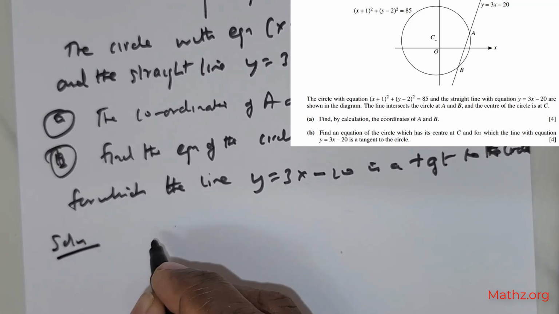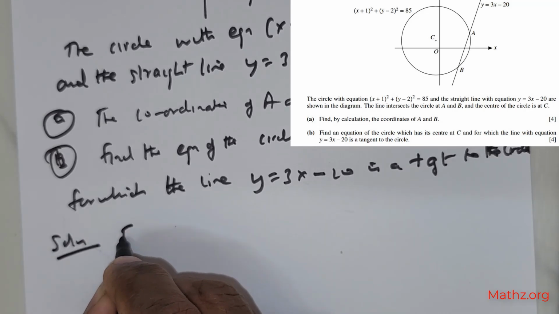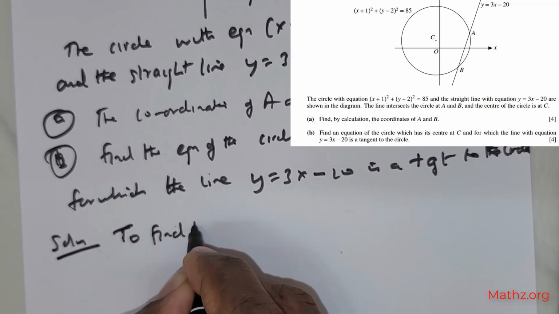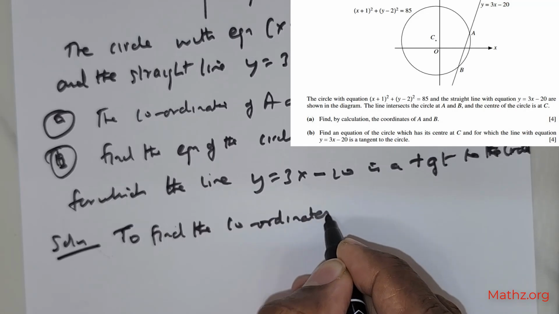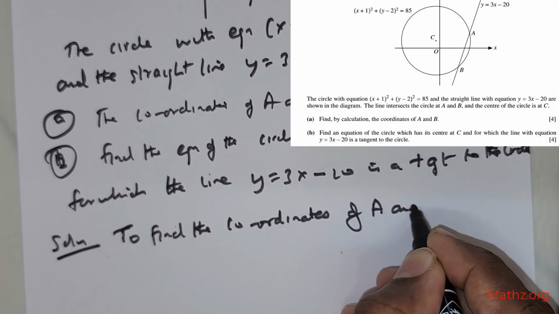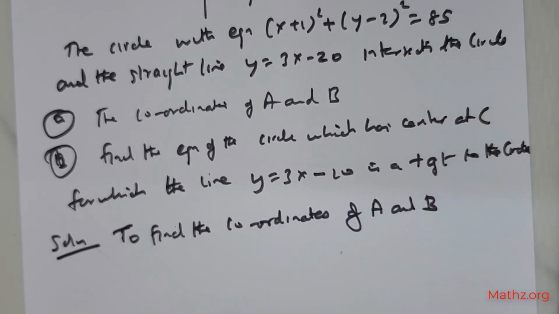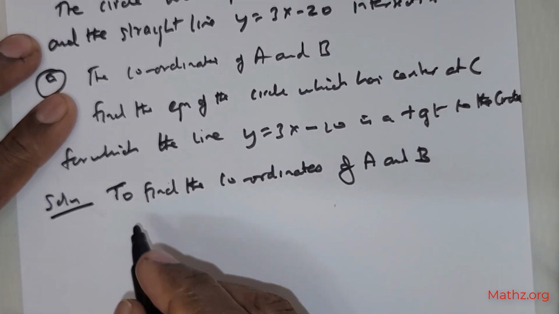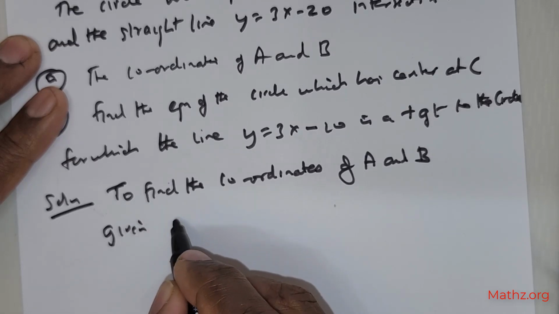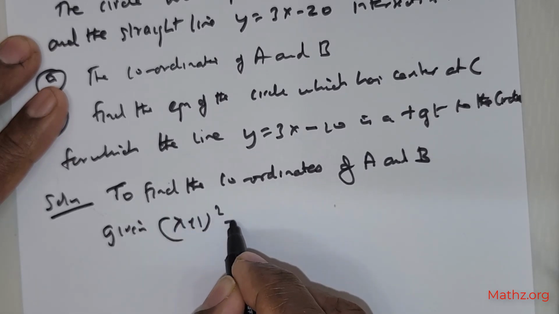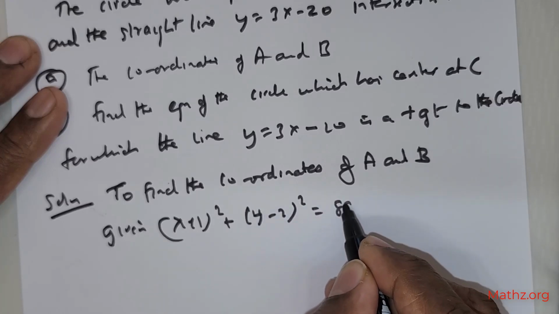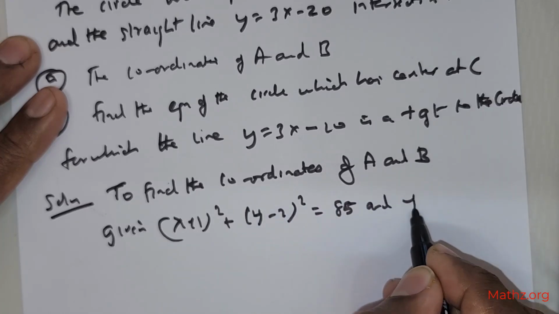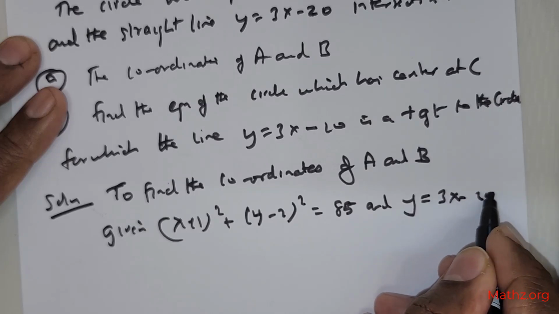So solution, to find the coordinates of A and B. So what are we given? We are given (x positive 1) the whole squared positive (y negative 2) the whole squared is equal to 85, and we have y is equal to 3x negative 20.